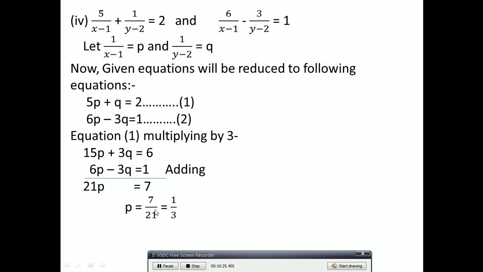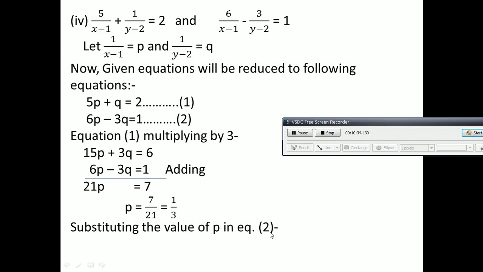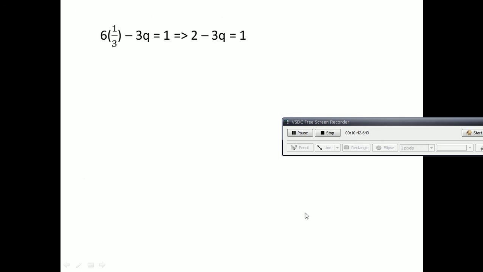This value can be substituted in either equation first or equation second. So I am substituting this value in equation number 2. So this is the equation, 6p minus 3q equal to 1. So at the place of p we will put 1 by 3. So 6 into 1 by 3.